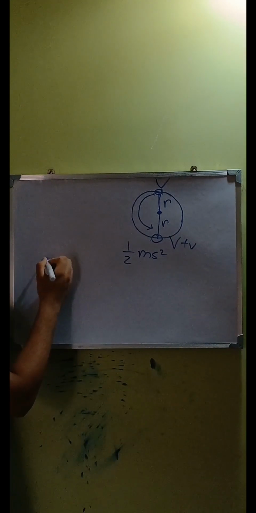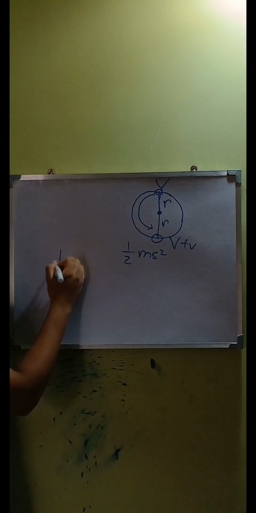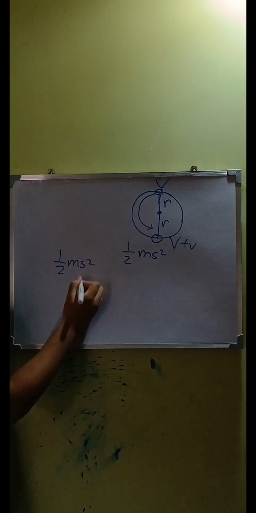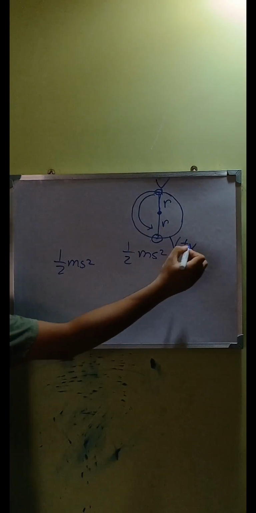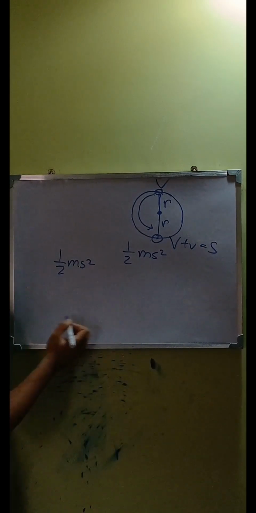So, the total kinetic energy at the bottom is equal to half m s squared. Here s is the final velocity at the bottommost point.